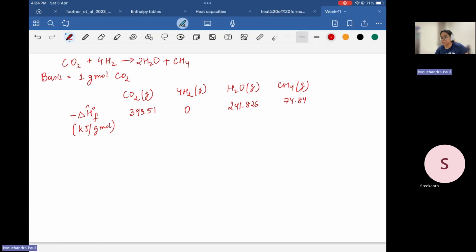All right. So with these values, you can calculate the heat of reaction at temperature 25 degrees Celsius or 298 Kelvin. Okay, that is 25 degrees Celsius.